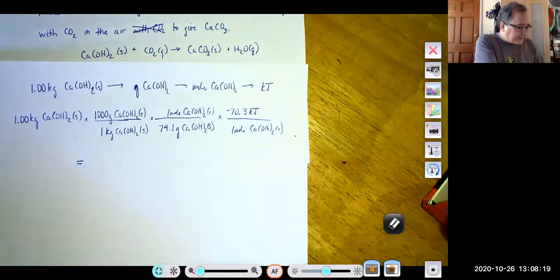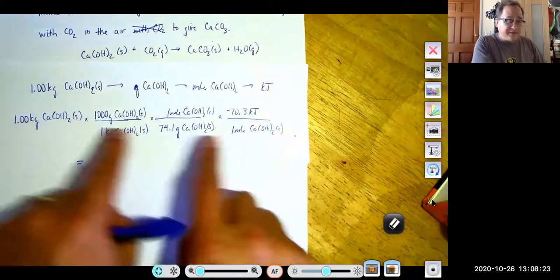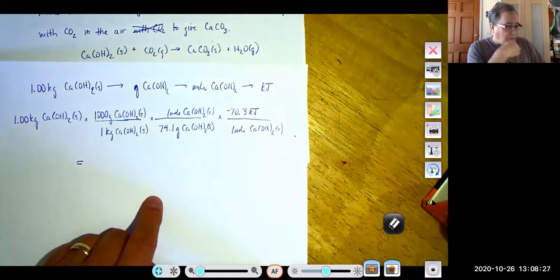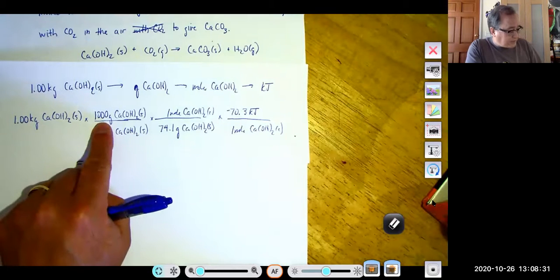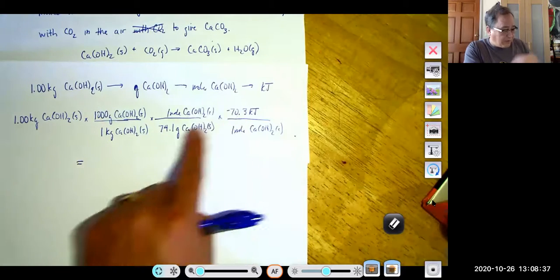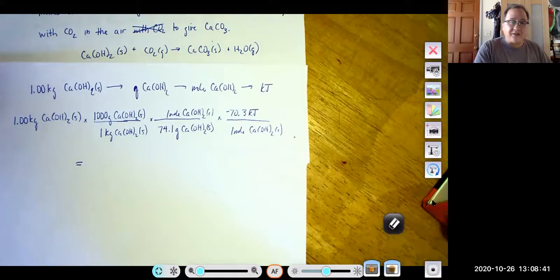So we can see that this answer is going to come out being negative because there's only one negative number in all of this. 74 goes into 73 about 1 time, and 1,000 times 1 is 1,000. So the answer should be close to 1,000, but not quite because of this 73 and 74. And so I'm going to guess that the answer is going to be closer to negative 950 kilojoules.